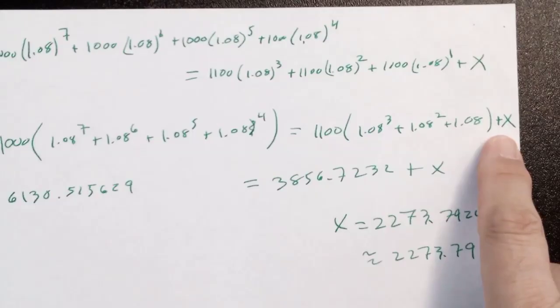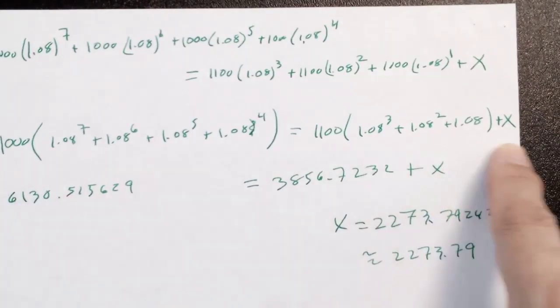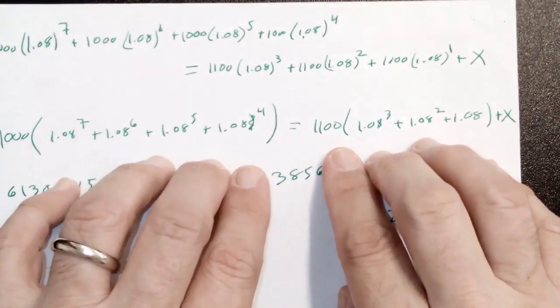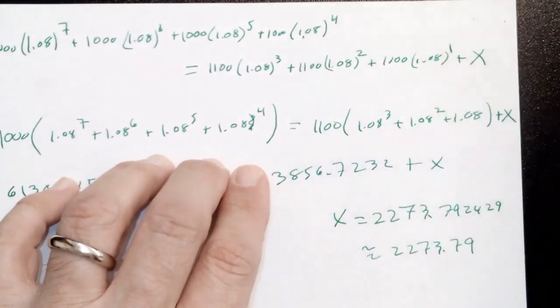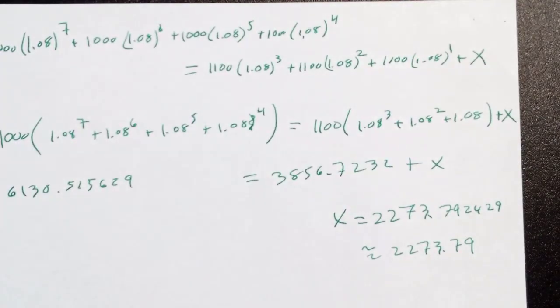We don't have to bring X forward at all. That's exactly this equation, isn't it? This is the equation we get right here. I didn't have to move the X. It doesn't have any 1.08s with it. Everything else had to move up to that date. So all I end up reshuffling by picking a different date is where the exponents are.